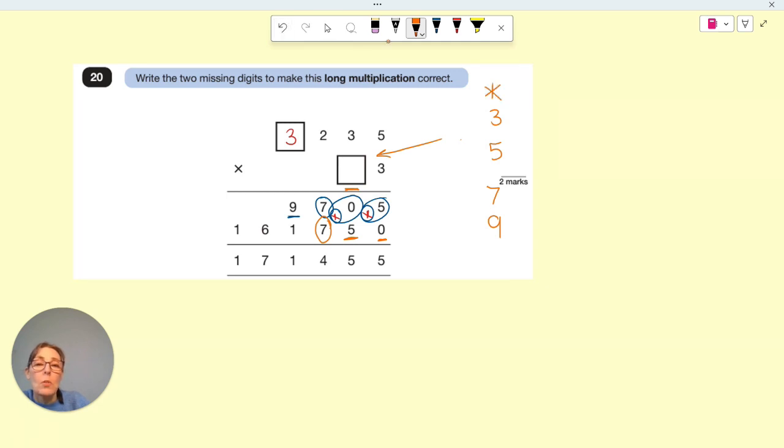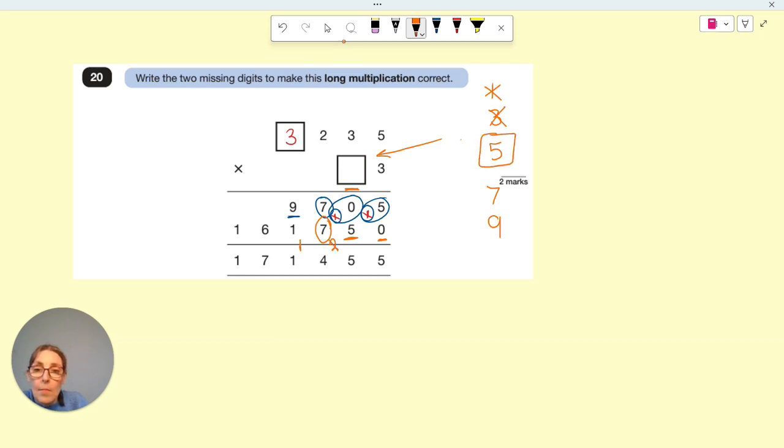So 3. Let's try 3. 3 times 5 is 15. 3 times 3 is 9 plus 1 is 10. That doesn't work. 5. 5 times 5 is 25. 5 times 3 is 15, add 2, 16, 17. Oh, it could be a 5.